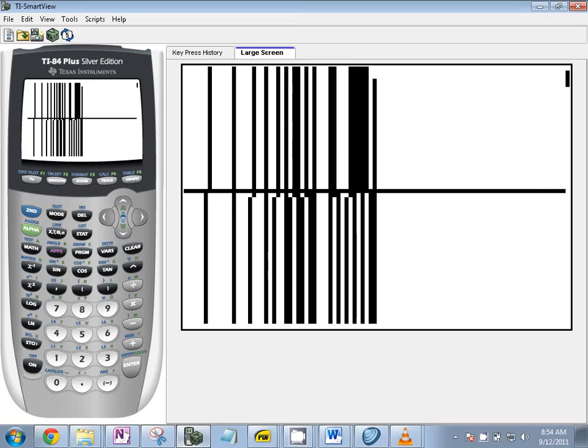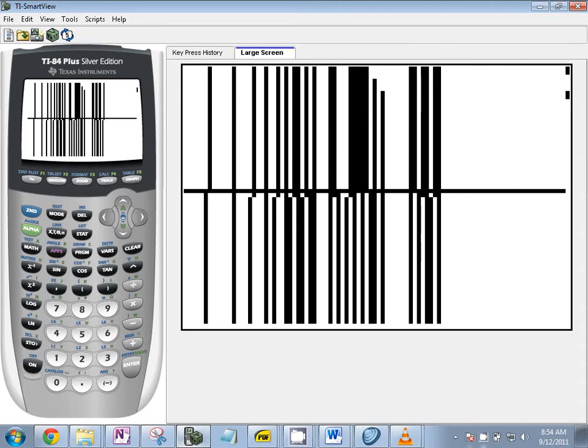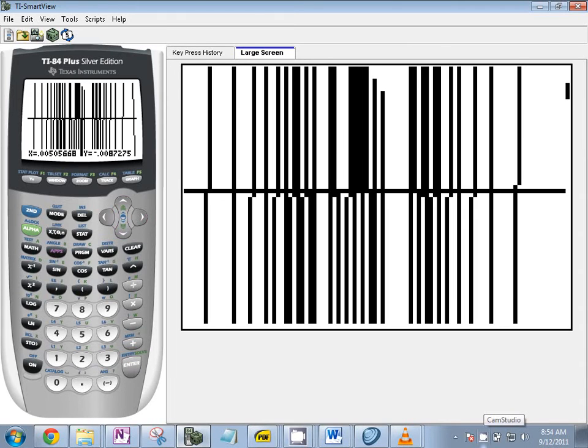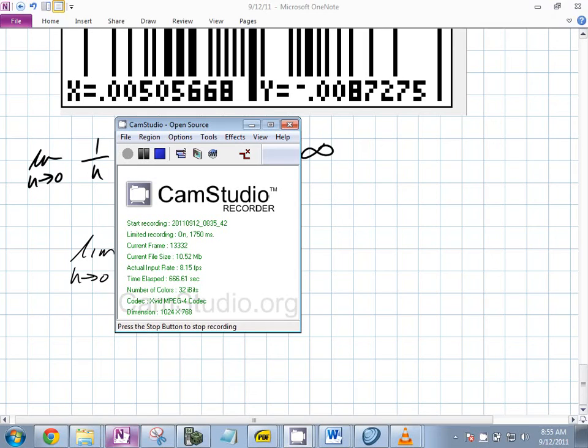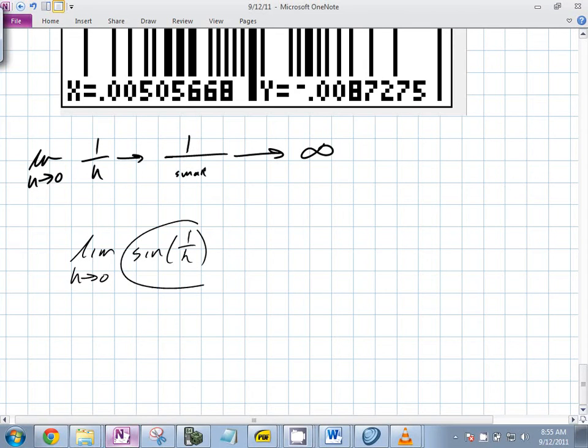Why is it doing that, everybody? This, how many times does this oscillate between, I don't know, -1 and 1? Infinite. Yes. Number of oscillations, infinite.